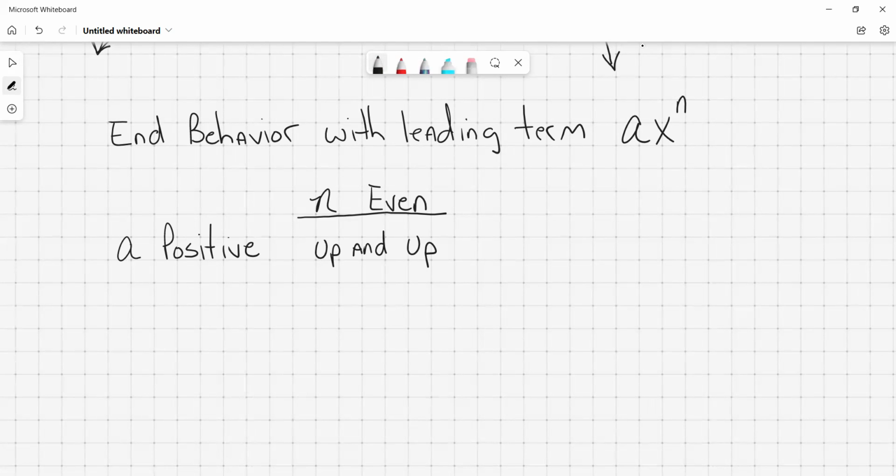When a is positive and n is odd, we got down and up.